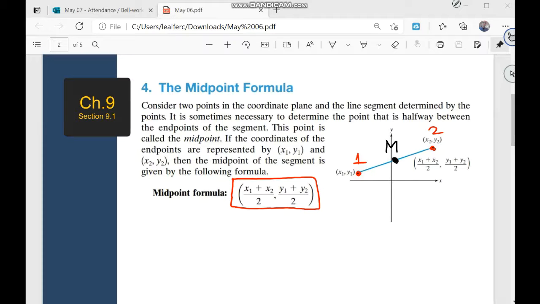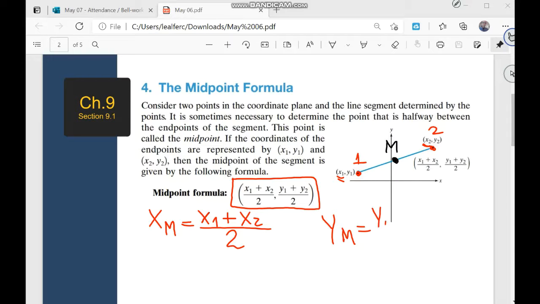It is actually an ordered pair. We're going to calculate x of the midpoint and y of the midpoint. X of the midpoint equals, we have x1, we have x2. So x of the midpoint is x1 plus x2 divided by 2. And y of the midpoint, the same thing.